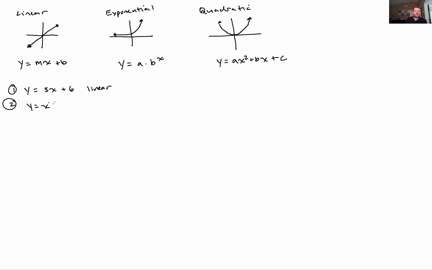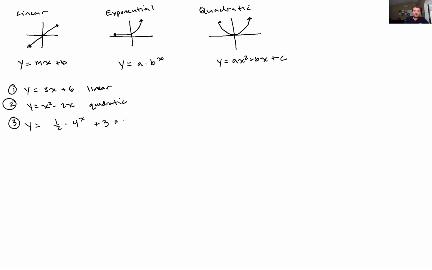Y equals x squared minus 2x: the fact that it has an x squared, and that's the highest it goes, indicates that it is a quadratic equation. And y equals 1/2 times 4 to the x plus 3: when the x is in the exponent, that means it's an exponential equation.